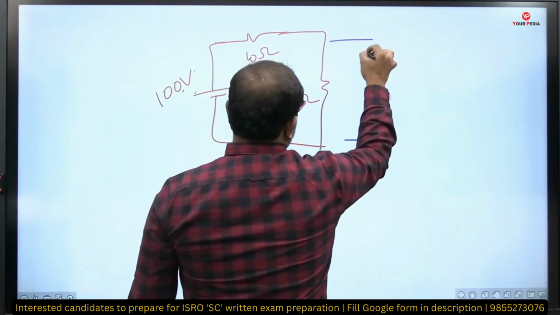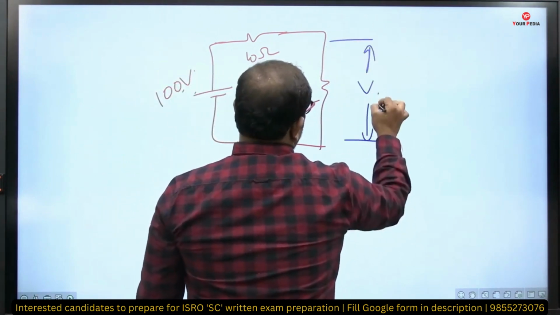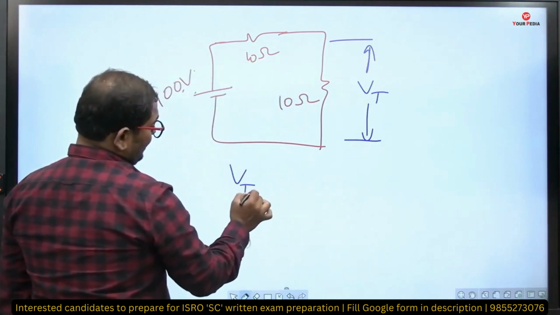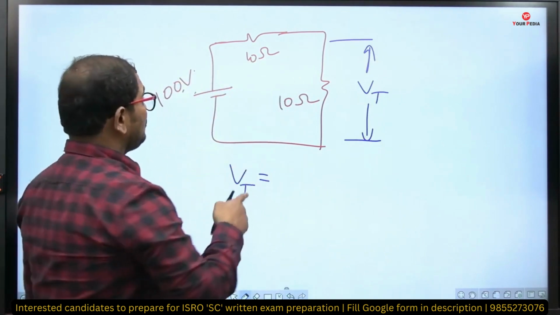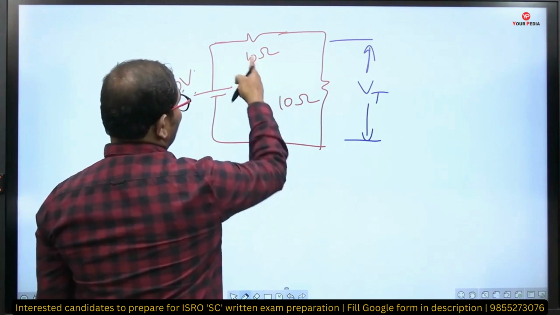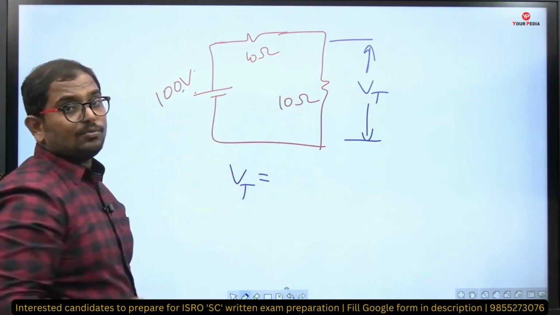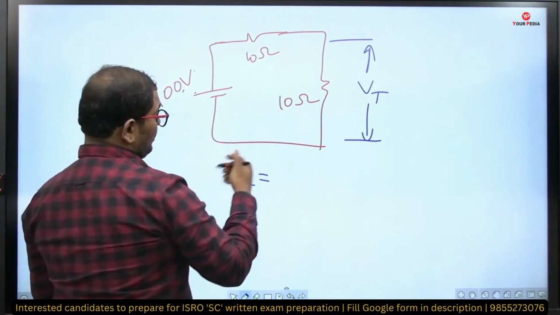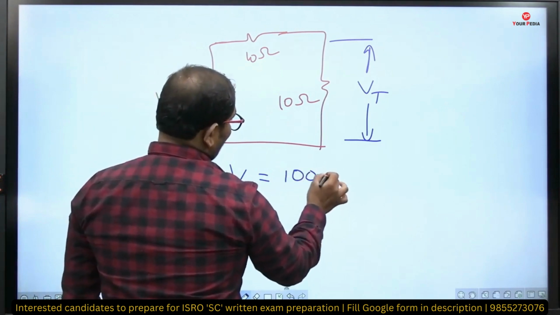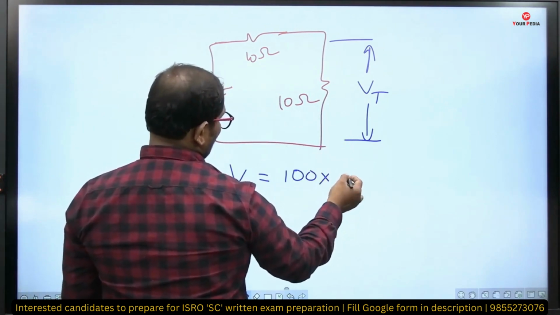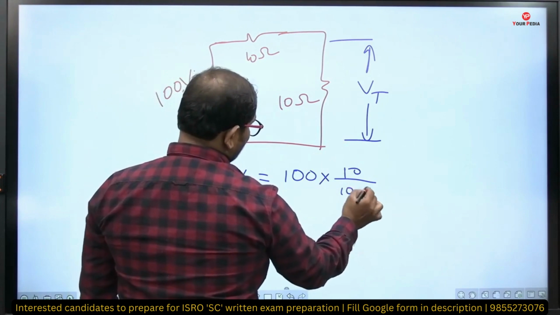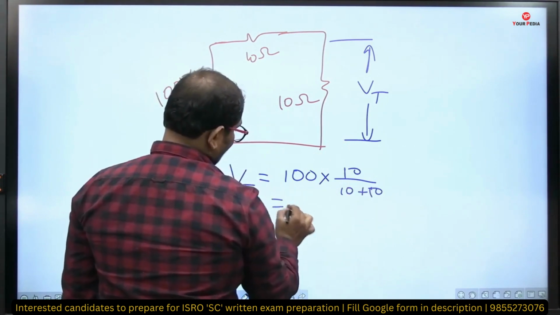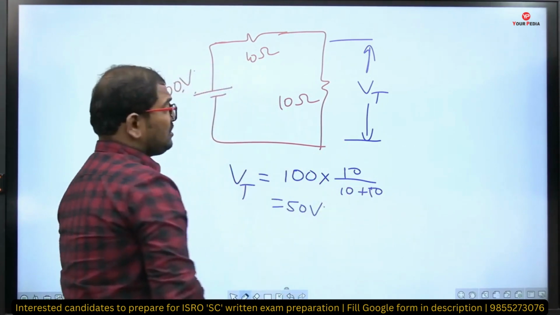If you want to calculate the true value, two equal resistances are connected across 100 volts, so the voltage will be divided in equal halves, or use the voltage division rule, 10 by 10 plus 10, which gives 50 volts. So this is the true voltage.